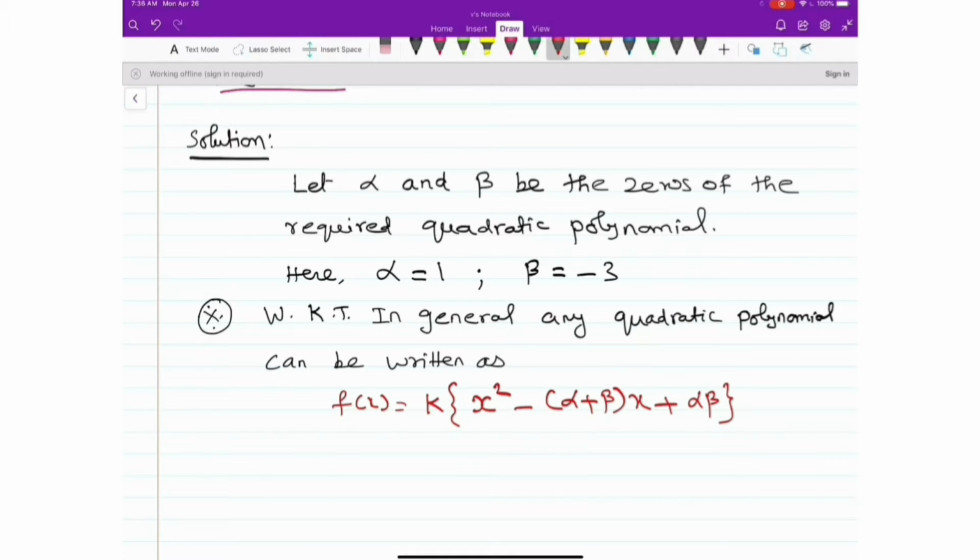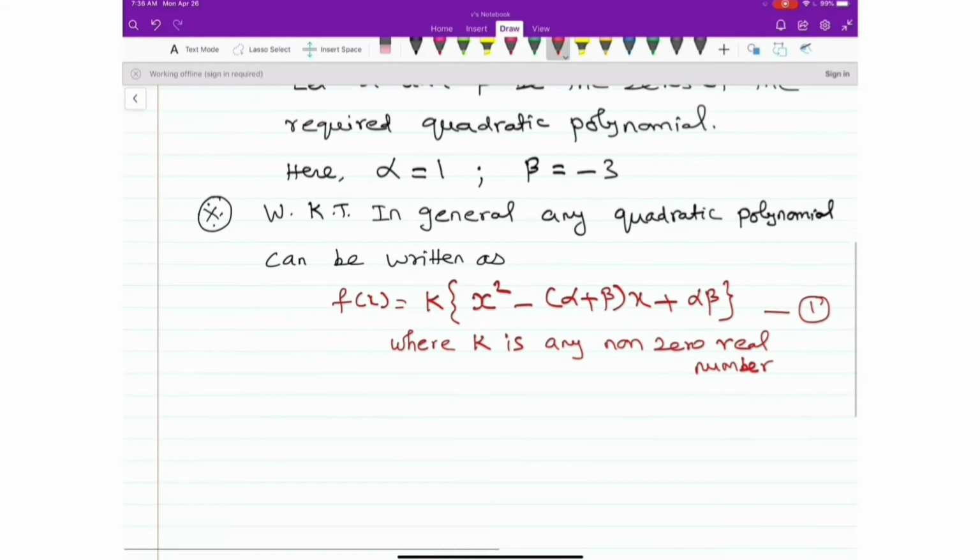If you see my previous video, you will get to know that for all the 6 sums from your NCERT book exercise 2.2, I have written the general form of a quadratic polynomial. So where k is any non-zero real number. Let me name this polynomial as 1.